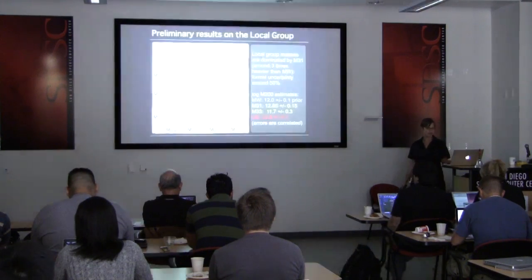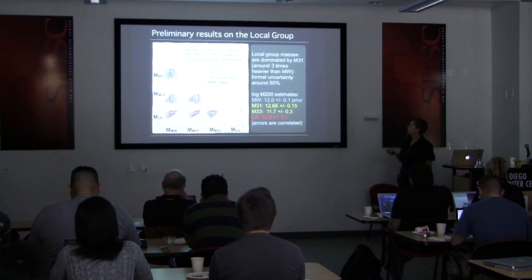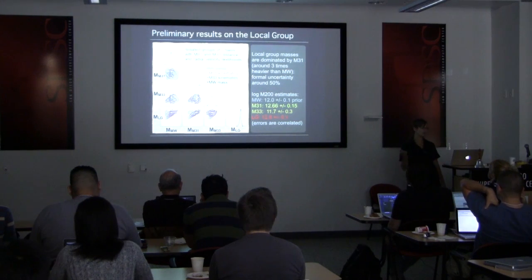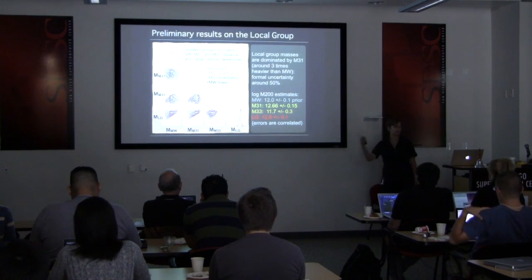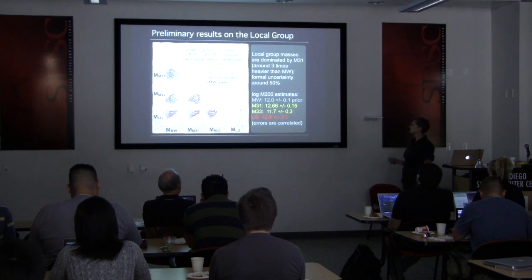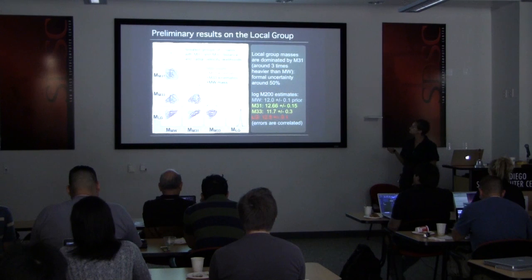So here, these are preliminary results. And the basic idea is we use both pairs and triplets. Okay, so we look at the M31 kinematics with respect to the Milky Way. We also look at the existence of M33. M33 is a satellite of M31, but it's much more massive than the LMC, or a little bit more massive than the LMC, so we can resolve it sufficiently in these lower resolution simulations.